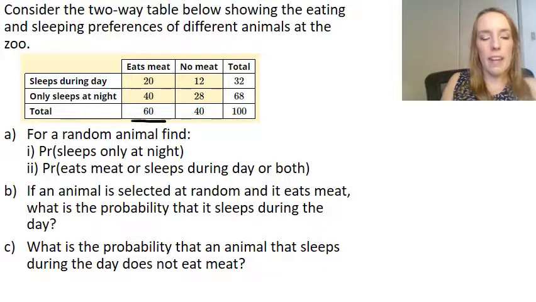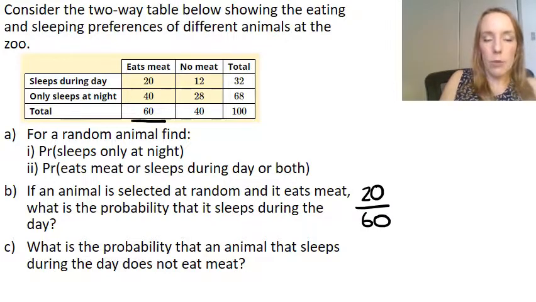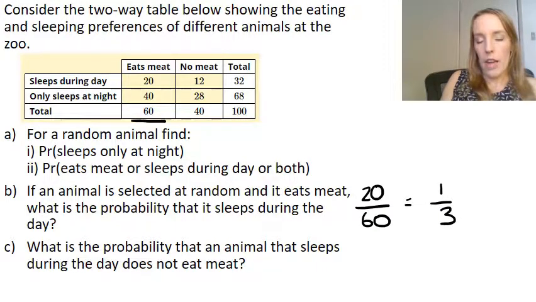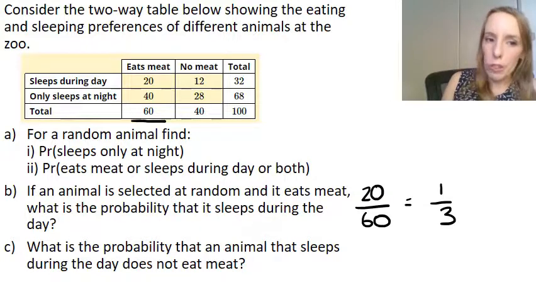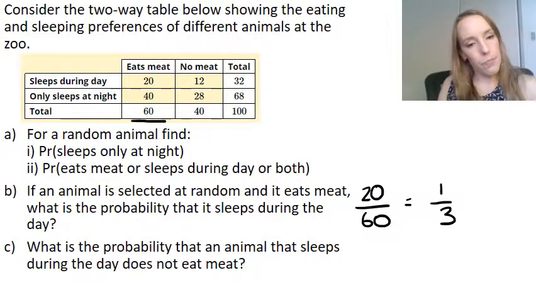What is the probability that it sleeps during the day? So how many of the animals that eat meat also sleep during the day? There's 20 of the 60. We can simplify that. 1/3. So the probability that an animal that eats meat also sleeps during the day is 1/3.